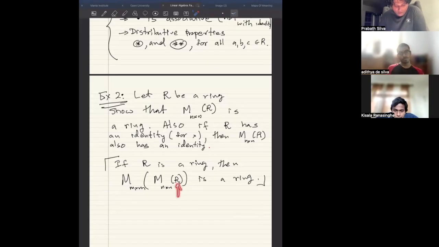R is a ring, so this is a ring. And you can define matrices over elements in a ring. Okay?